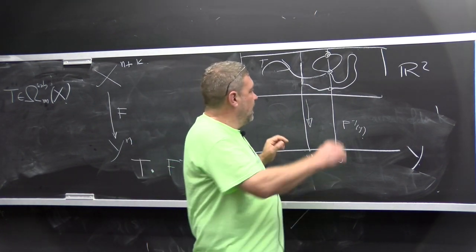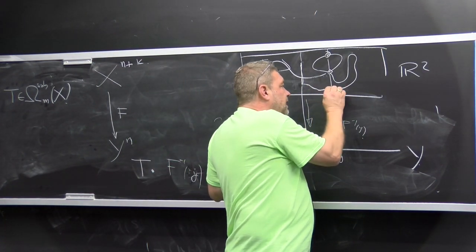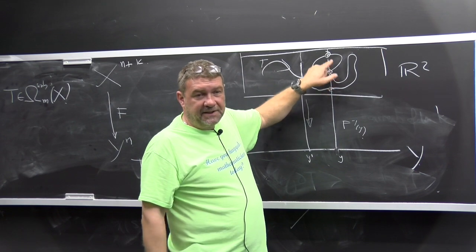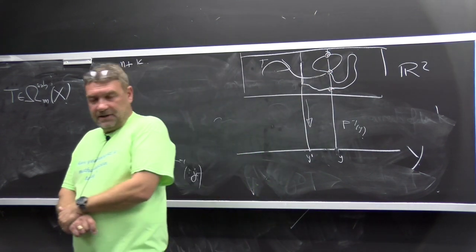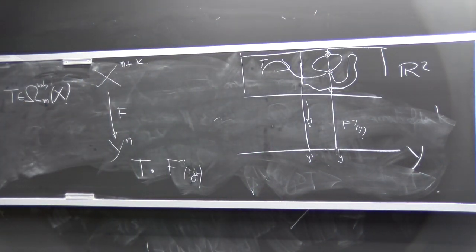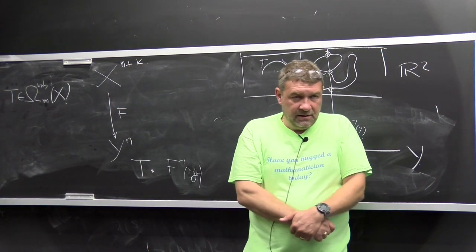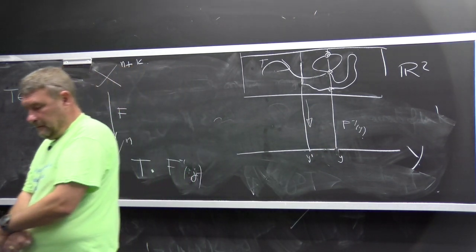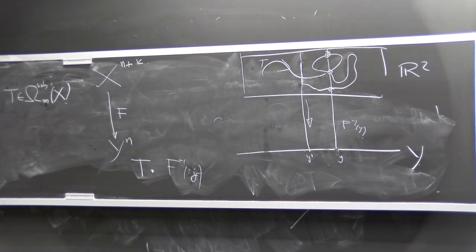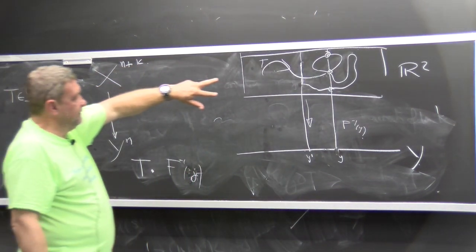In other words, I can add multiplicities to these intersection points, some numbers, and if I add these numbers, this is going to be the intersection number of these homological classes. Here I cannot define.